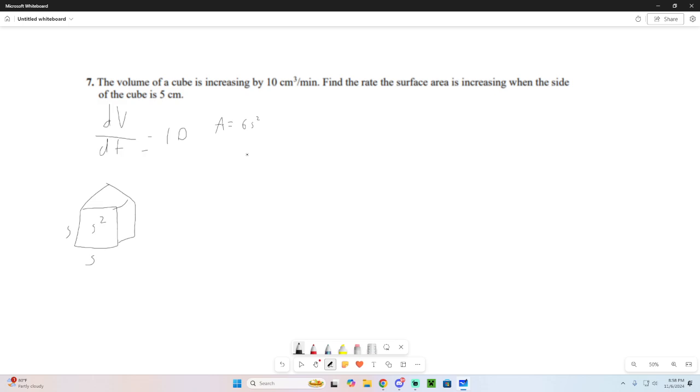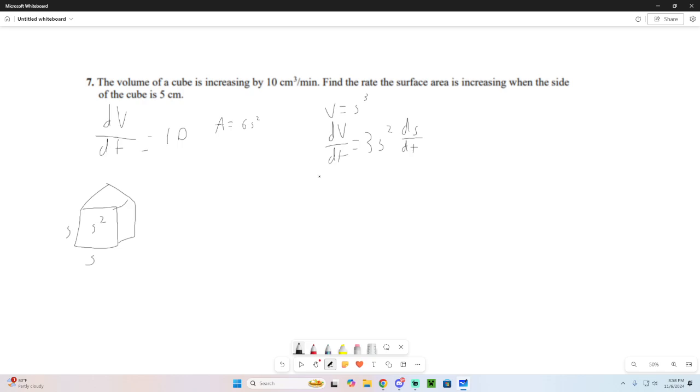Alright, so that means that first, let's look at the rate of change of the volume. So volume is equal to side length cubed. If we just differentiate that, we have dV/dt equals 3s squared ds/dt.